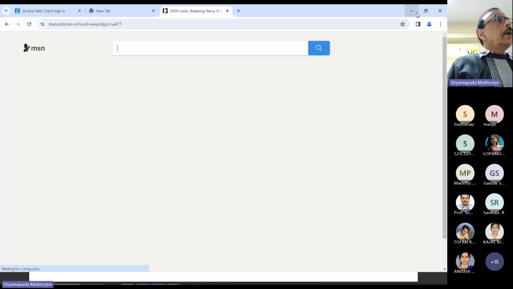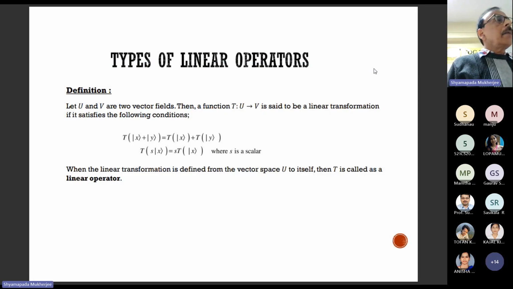So an old qubit is converted into a new qubit with the help of an operator, and that operator is nothing but your quantum gate. And operators can be represented by a matrix.